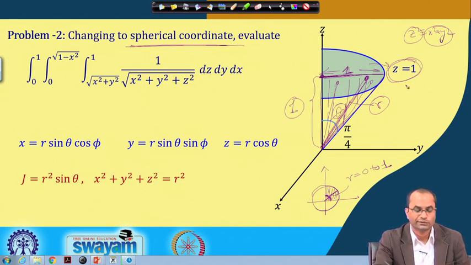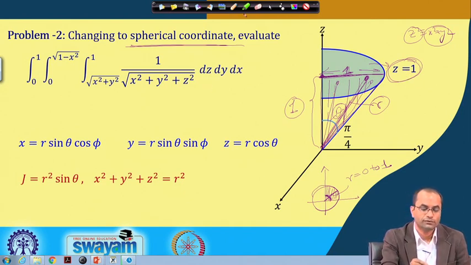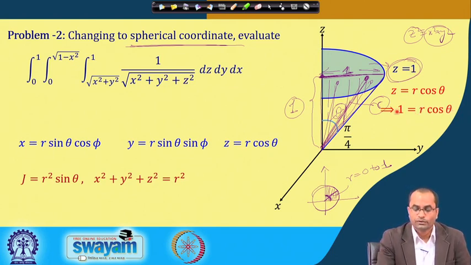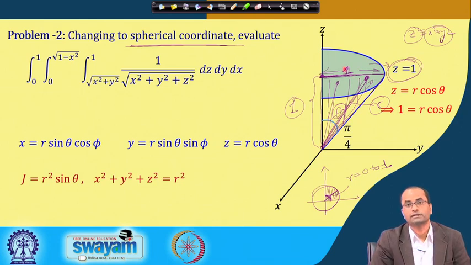So, that z is equal to 1 will suggest to us the limits of the r, because z is already given as r cos theta. So, r cos theta is equal to 1 will give the r, because it depends on this angle theta. Here for example, when theta is pi by 2, this r is nothing but 1, but here it is different and it is varying with theta.